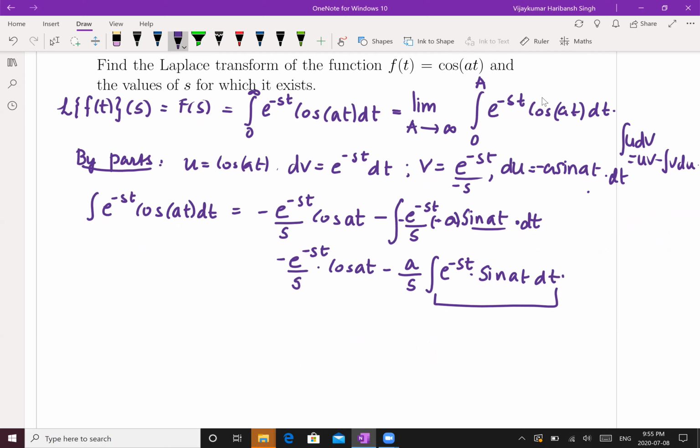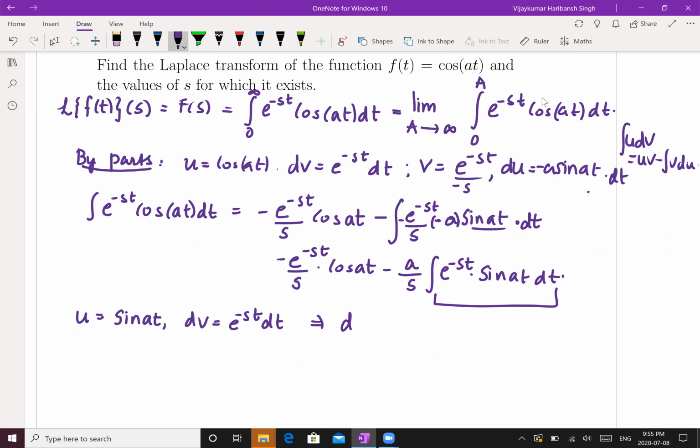So what is the integral of e to the power minus st times sine at? Again, I can apply the uv rule here directly. So u is again sine of at, and dv is e to the power minus st dt.